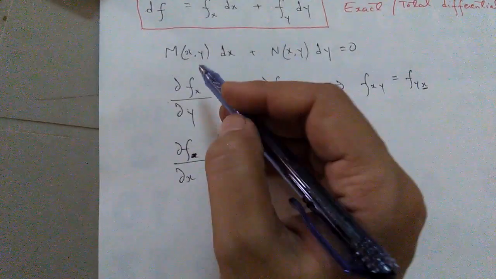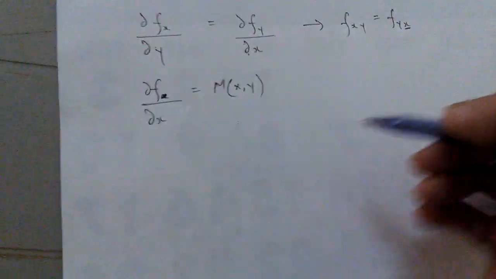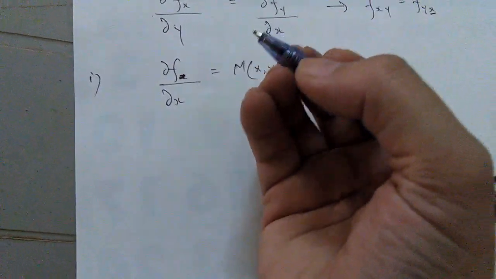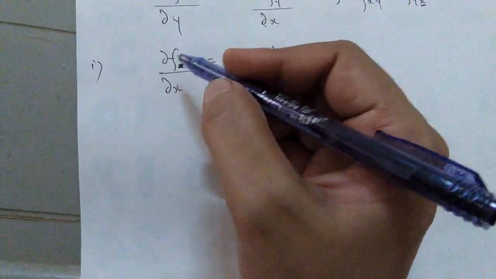I'm going to pick up this M function, which is exactly this. Then I will integrate in the first step. I will integrate this with respect to x, just to find f.